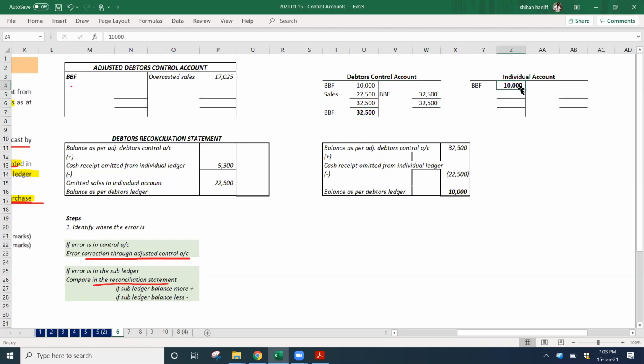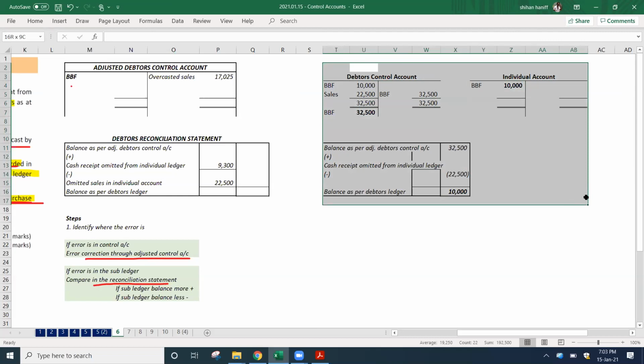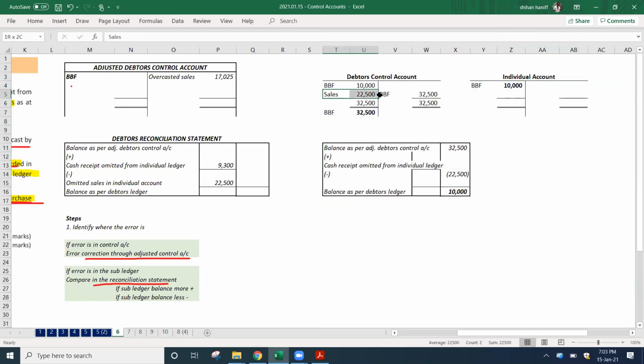But individual account you can't correct it. Therefore, there is a difference between both, 22,500. So that will be deducted, then you get 10,000 in the debtors ledger balance. This is just an example, okay? This is not related to the question, but this is an example to show this transaction only. To show only the transaction, I am taking the opening balance as 10,000.